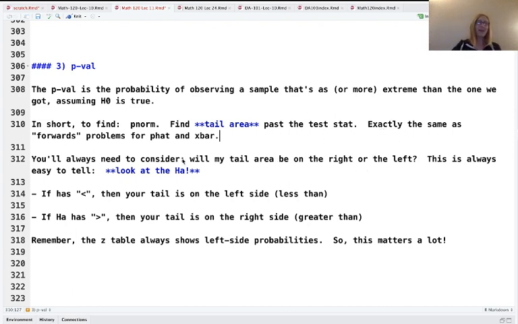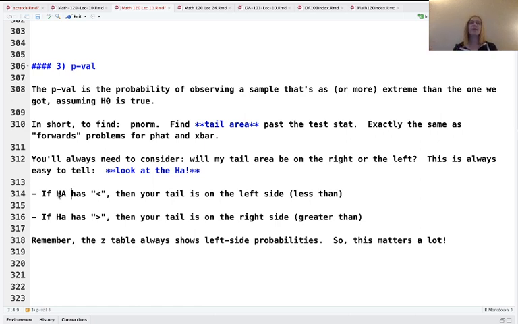Okay, back to p-values. You can always tell which direction you need to look at. It's stated specifically in the alternate hypothesis, left or right. If the alternate hypothesis has a less than, that means you're looking on the left side.